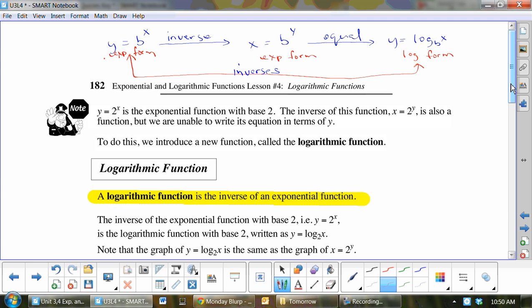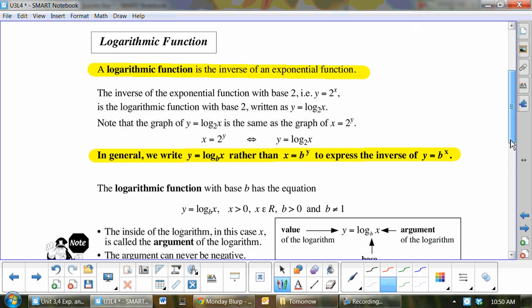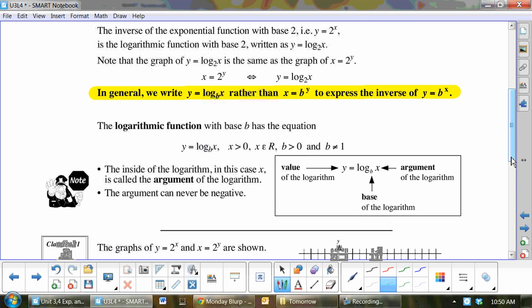Are you starting to see the rules that you need to learn for these? Now, just so you are familiar with the actual form, y would be the value you're looking for. B is the base, and x is called the argument, but let's just call it x.